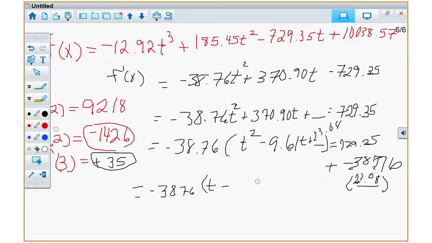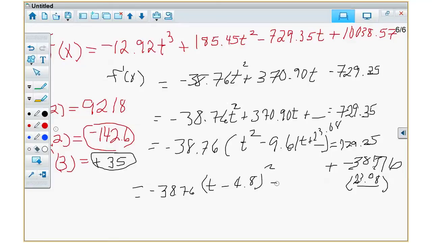Take the square root of it. 4.8. All right, 4.8. I'm not writing all the decimals out, so I'm just rounding.